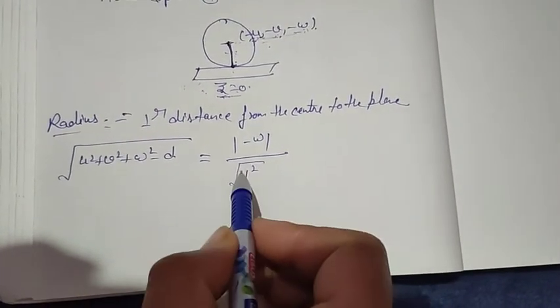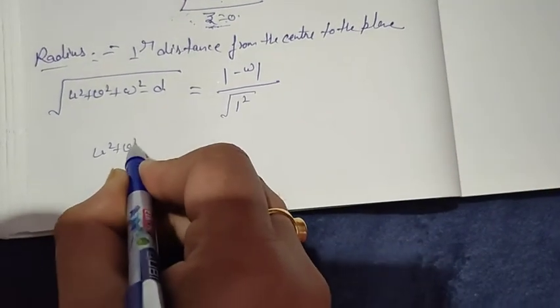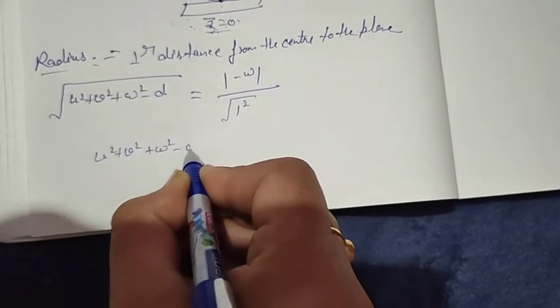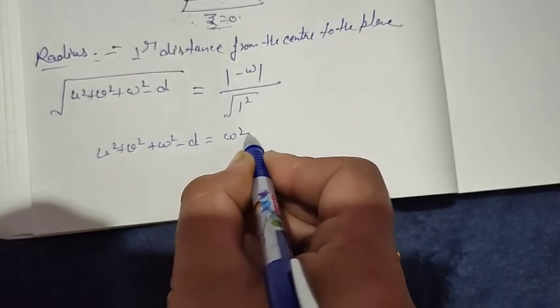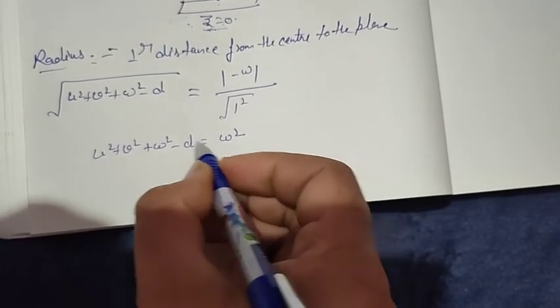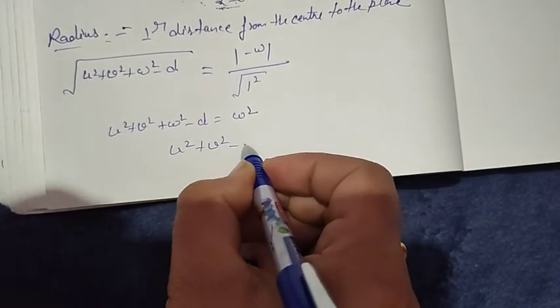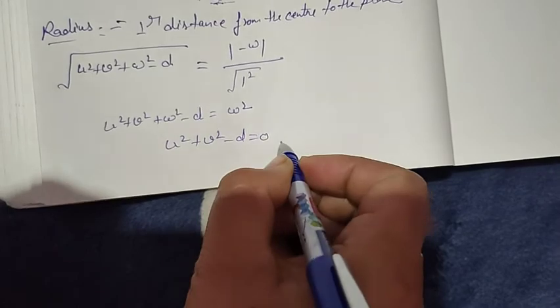We square both sides to remove the square root. Then u square plus v square plus w square minus d is equal to w square. Cancelling w square, the equation becomes u square plus v square minus d is equal to 0.